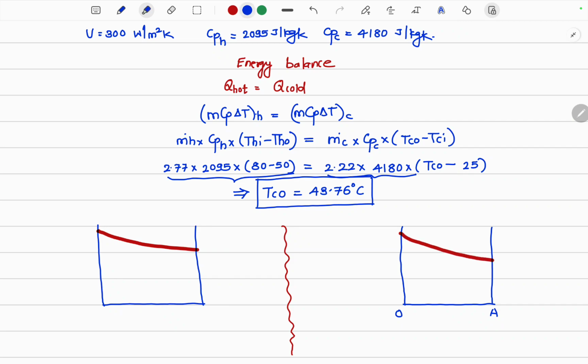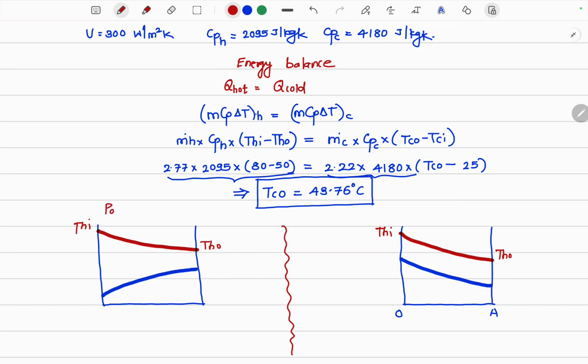The only difference will be in the cold fluid. In case of parallel flow, the cold fluid will flow like this, while in case of counter flow, the cold fluid will flow like this. We will have marked THI as well as THO.